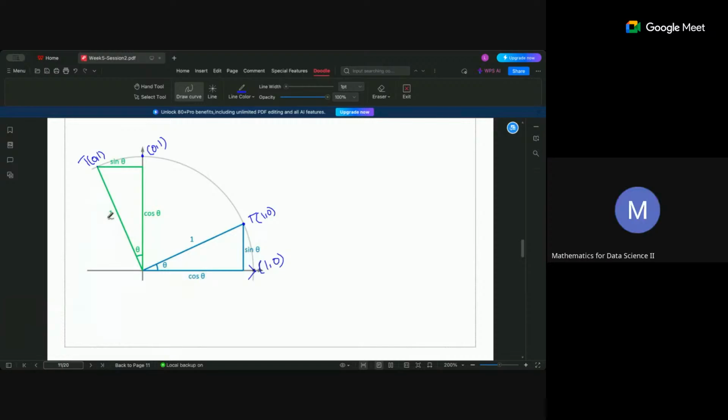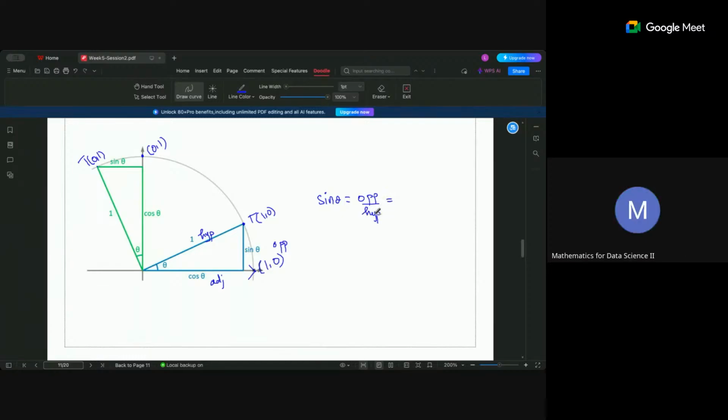Now consider this triangle. In this triangle, this is your hypotenuse, this is your adjacent, and this is your opposite. You already know the value of the hypotenuse. Now, what is sine theta? Opposite by hypotenuse.